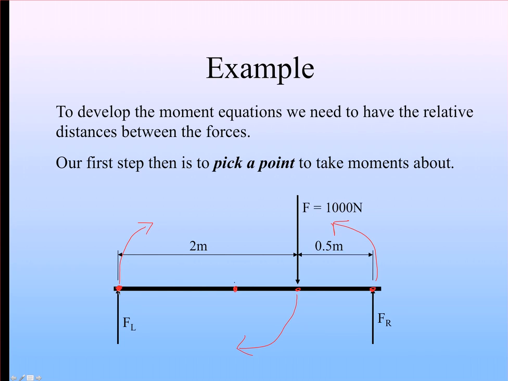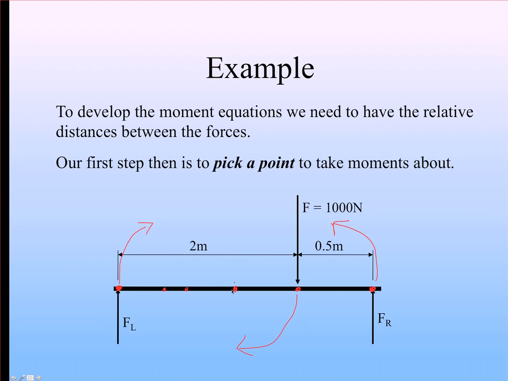Since it's acting at a distance of 0 meters, this moment will be 0, and that has the effect of eliminating FL from our calculations. So this simplifies our work a lot. It's still possible to choose any point along here, but by choosing a point either here or here or here, we'll eliminate one of these variables from our calculation and make our lives a lot simpler.